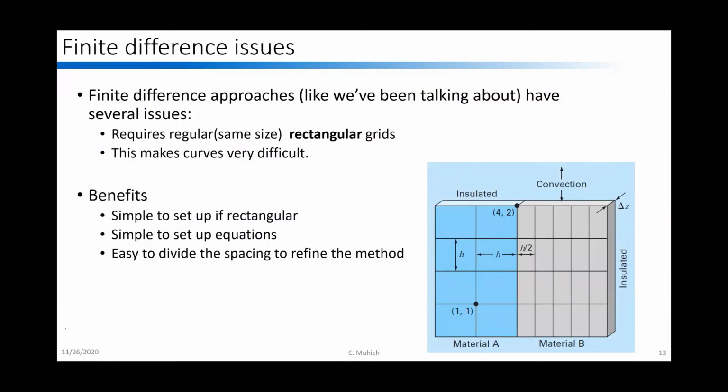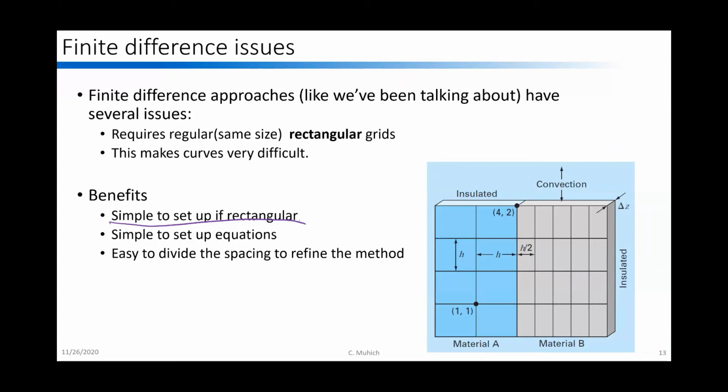Let's talk about some issues with our finite difference methods. So we've spent all of our time so far looking at finite differences. The nice thing is that they're relatively simple to set up. We can set them up really easily if they're rectangular.